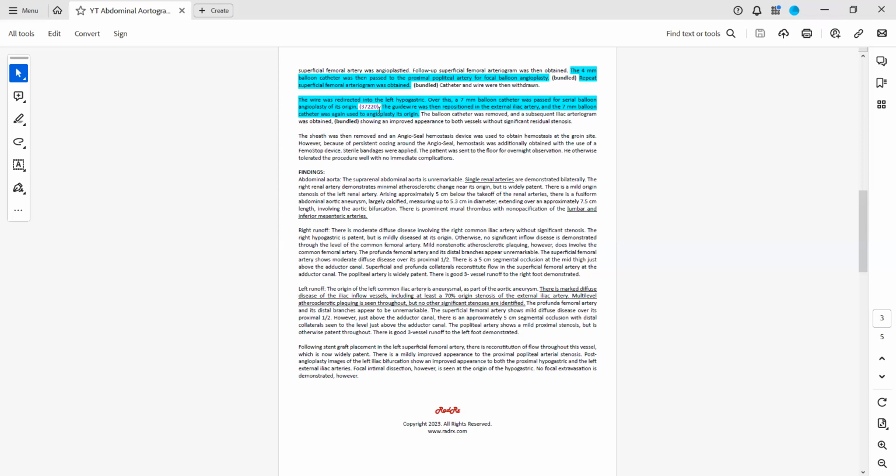It mentions the findings for the renal arteries. And then it also goes on and it mentions findings for the lumbar and inferior mesenteric arteries. So it doesn't specifically mention the celiac or the superior mesenteric, but it appears here that the physician was commenting on what was abnormal and then possibly just didn't mention those other vessels that didn't have an abnormality.